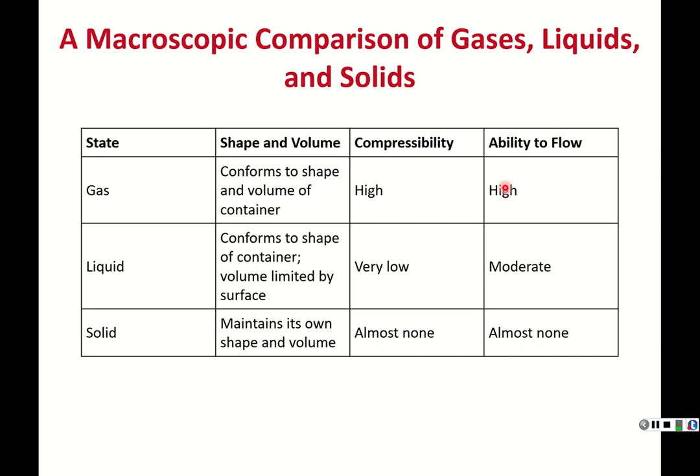But compared to a gas, it's much more resistant to flow than something like a gas would be. And then finally solid. This is where you have almost no compressibility and almost no ability to flow because it's really maintaining its own shape and volume. And it doesn't conform to any container that it's placed in.